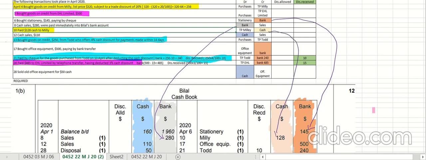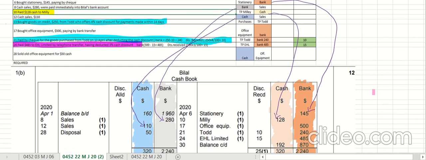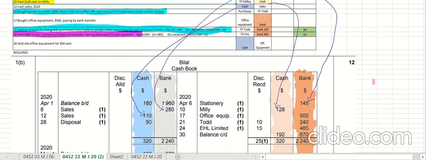Enter it here. Date, opposite accounts name Millie, and then the amount. Then there is a cash sales worth of 110. Enter it on the debit side. Followed by that, you bought office equipment by check, which is worth 500. Entered here.